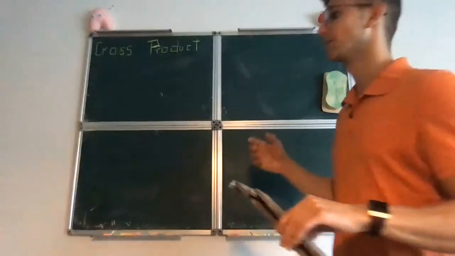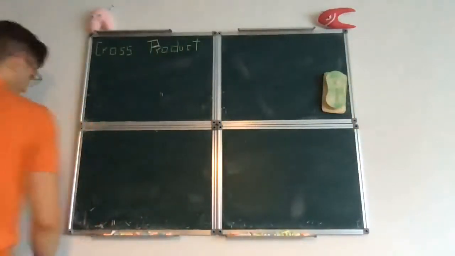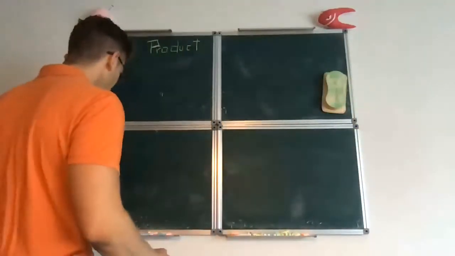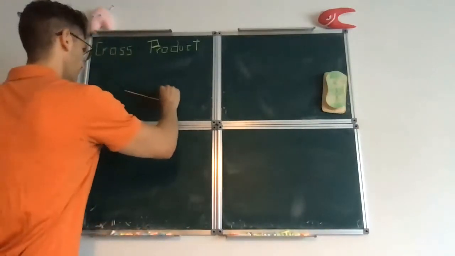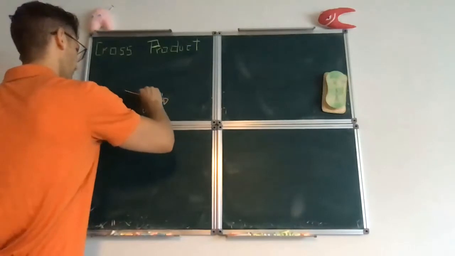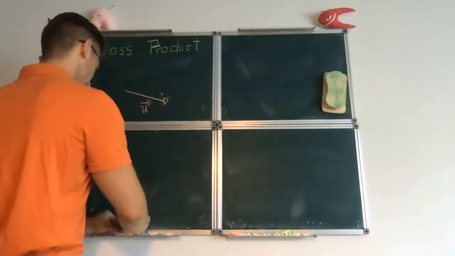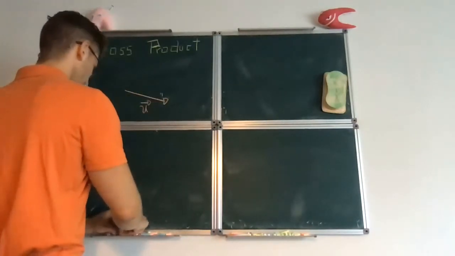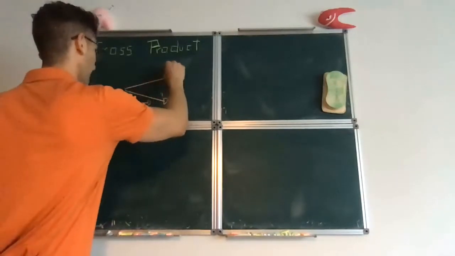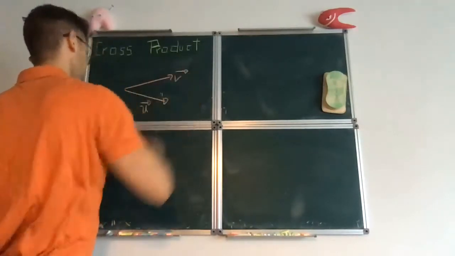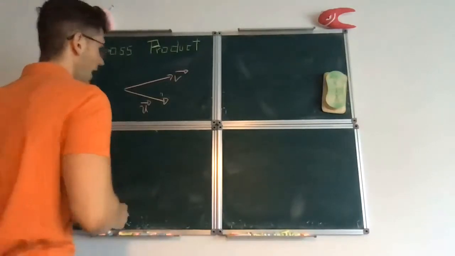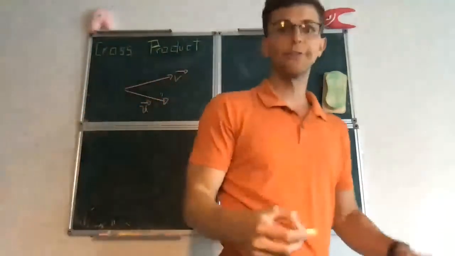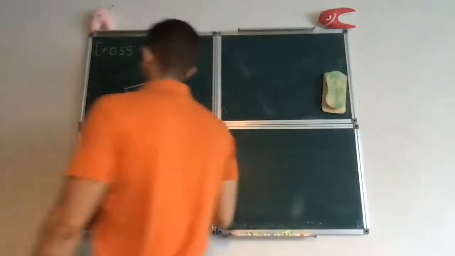Now, the cross product is a little bit different in the sense that you're going to start with two vectors u and v, and the cross product is going to be a third vector, so it's a new vector, it's not a number anymore.